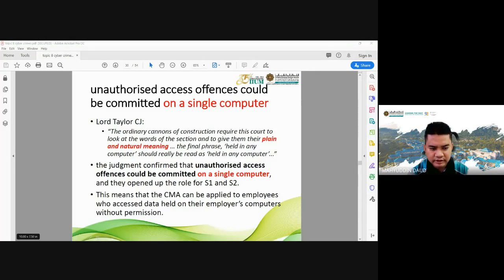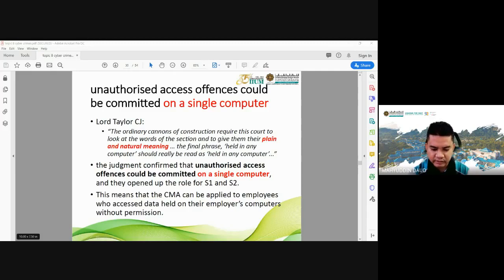So sections 3, 4, 5, simply it is about unauthorized access, or the favorite word is hacking, but the legal language is unauthorized access, so you use it.